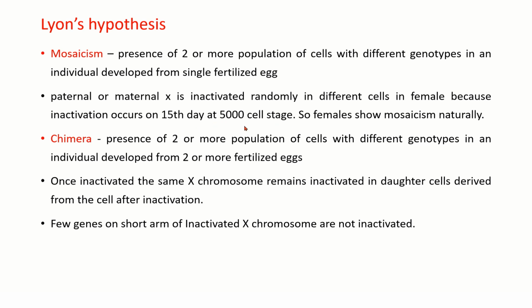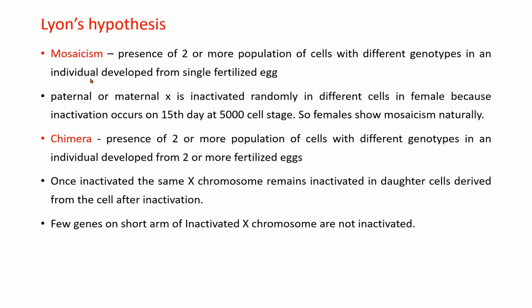So once either paternal X or maternal X is decided in these 5000 cells, then whatever cells develop from that particular cell will have the same X chromosome inactivated. Suppose I take one cell from this and that cell has maternal X inactivated, whatever cells develop from that particular cell will have same maternal X inactivated in them.